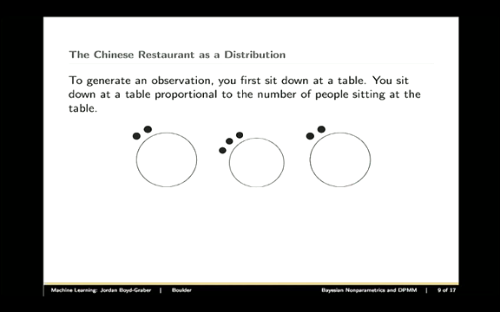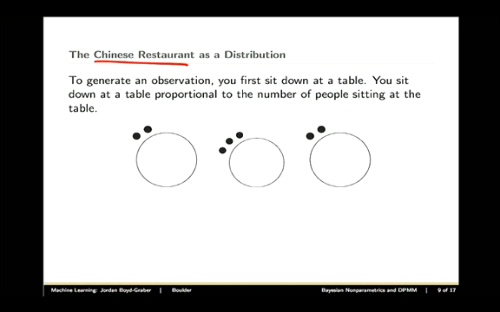All right, so now let's move to how you can do inference in Dirichlet processes. There's a metaphor called the Chinese restaurant process to explain how Dirichlet processes work. The way that the statistical Chinese restaurant process works is you have a bunch of tables, and you have people seated at these tables.